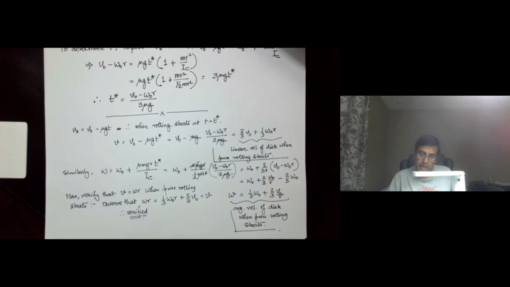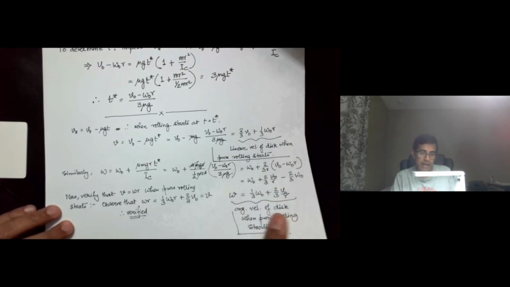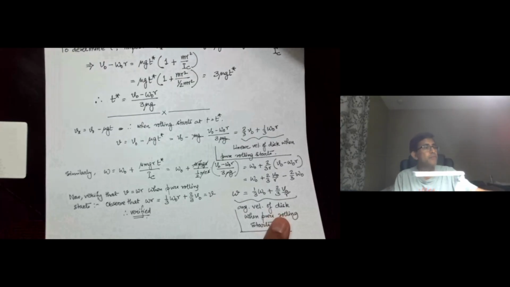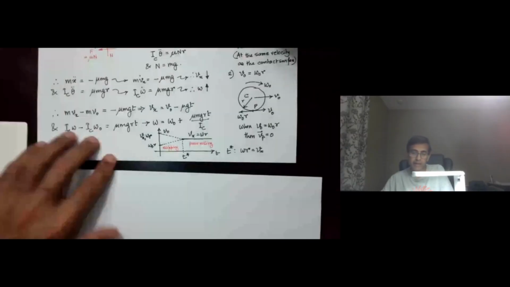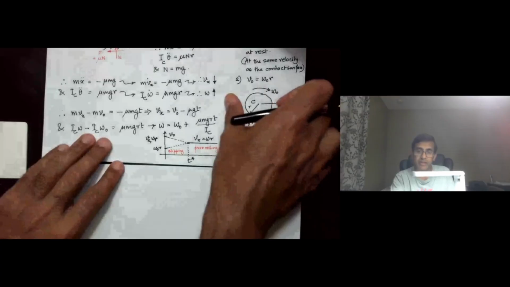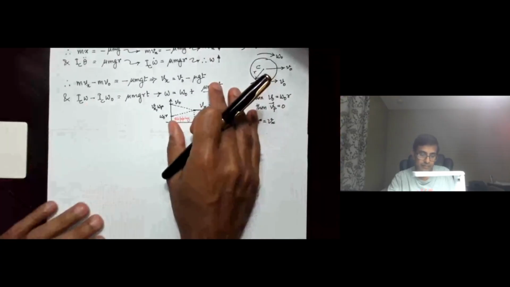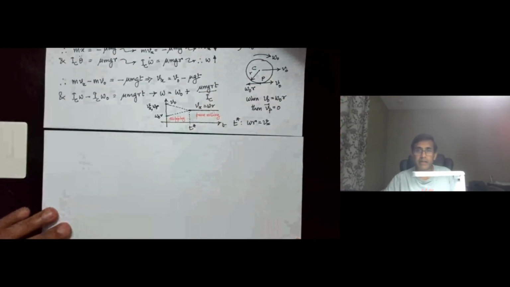Now another thing that I would like to point out is the rate at which the velocity is decreasing and the rate at which the angular velocity is increasing when the disk moves from slipping to rolling.